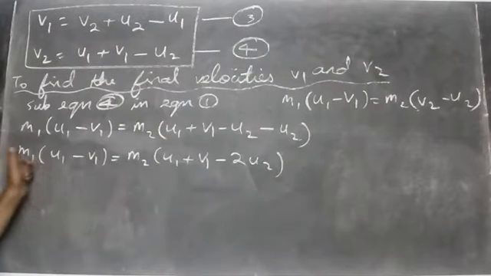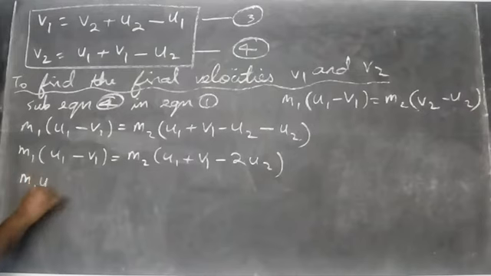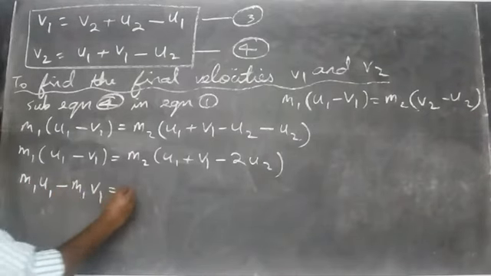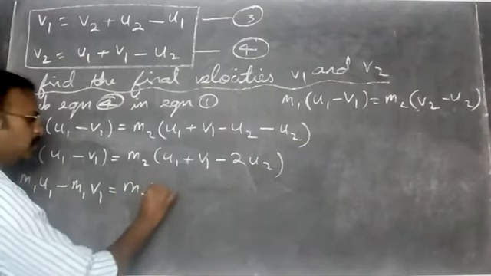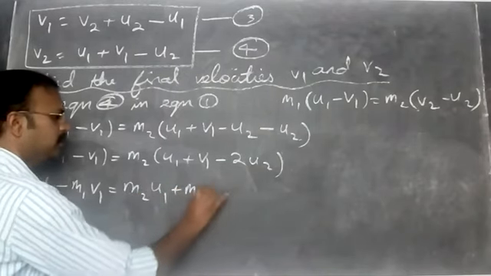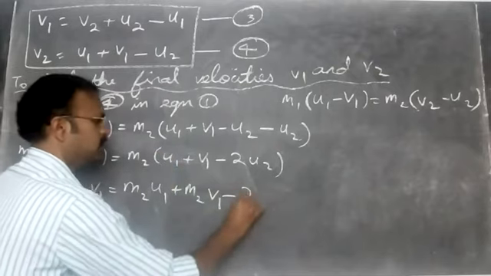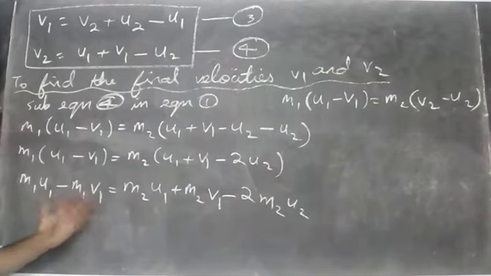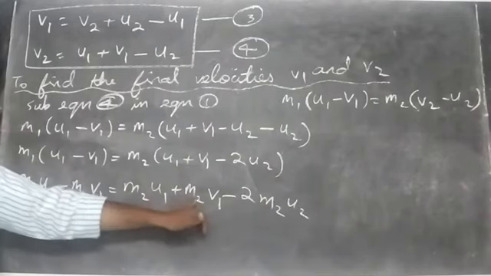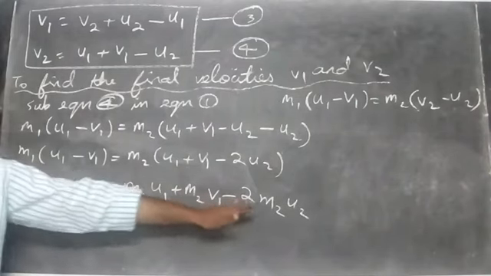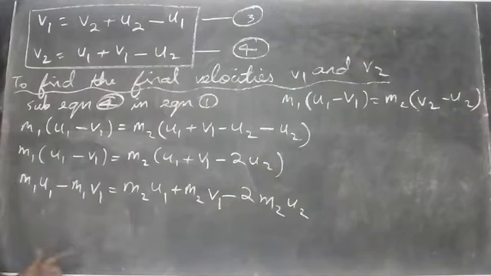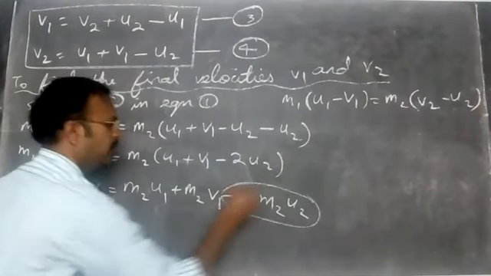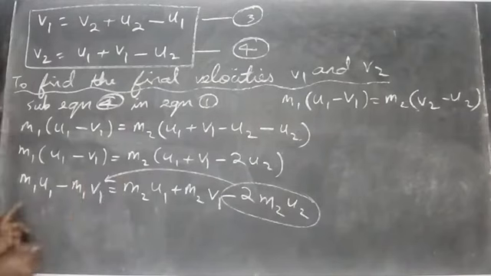Now multiply the mass terms inside. So we have m1 u1 minus m1 v1 is equal to m2 u1 plus m2 v1 minus 2 m2 u2. Now we take this minus 2 m2 u2 term to the left side, and it becomes a plus term.